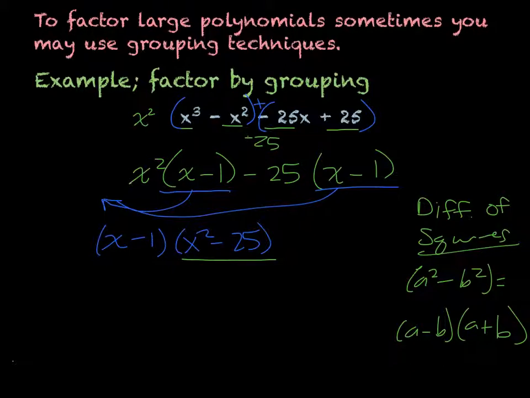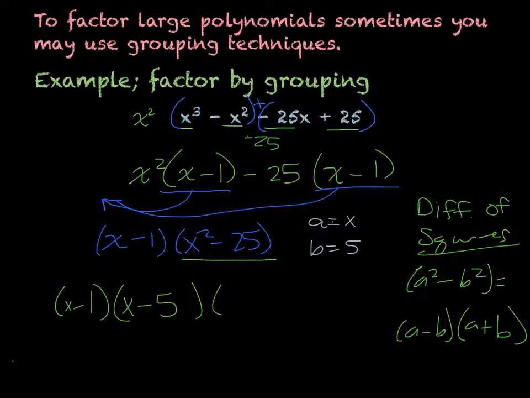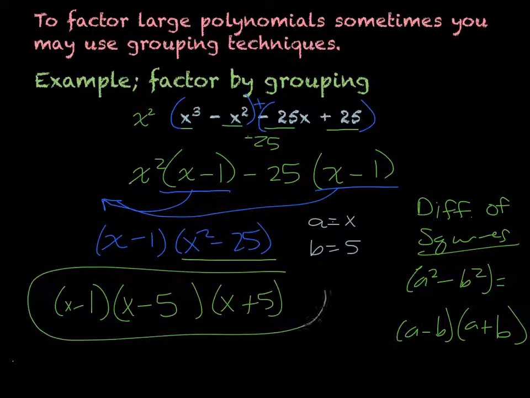So in this case, my a is equal to x, and my b is equal to 5, because 5 squared is 25. So my final factorization would be the x minus 1, and then my a minus b, x minus 5, and my a plus b, x plus 5. So that would be my complete factorization.